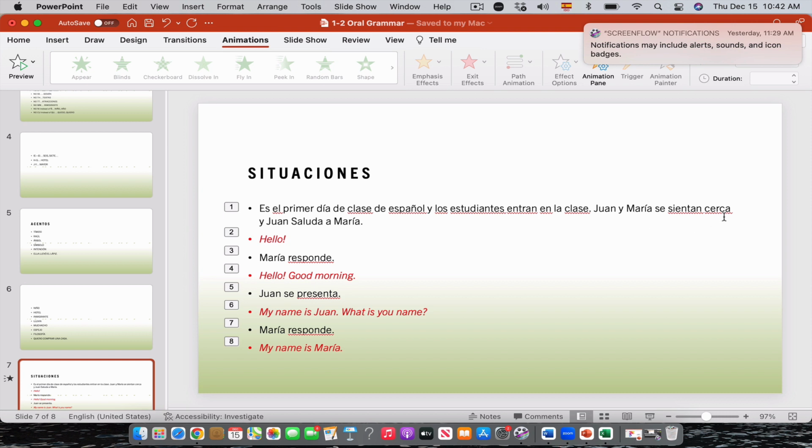Juan y María se sientan cerca y Juan saluda a María. Well, it says, it's the first day of the Spanish classes, right? And the students enter the classroom. John and Maria sit nearby, and John greets Maria.